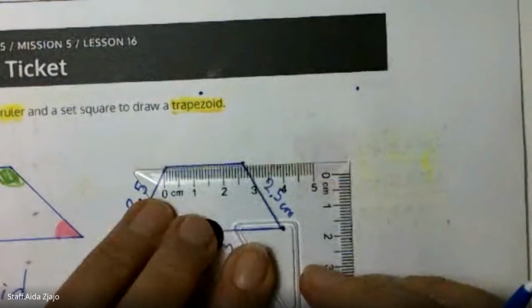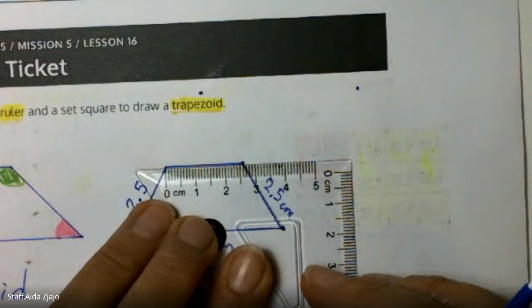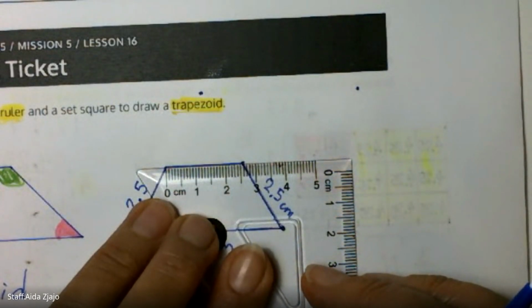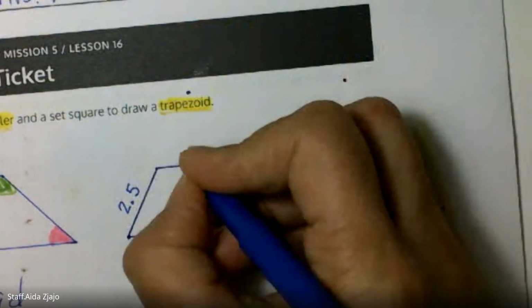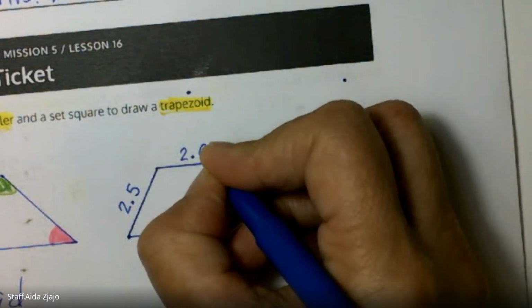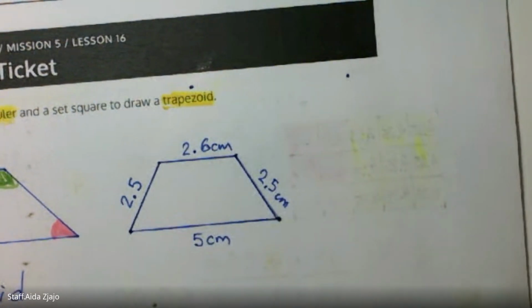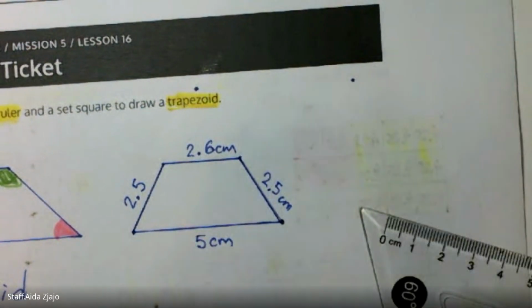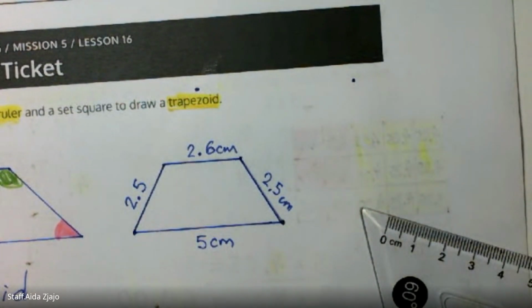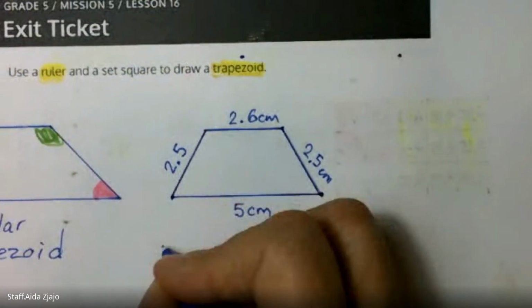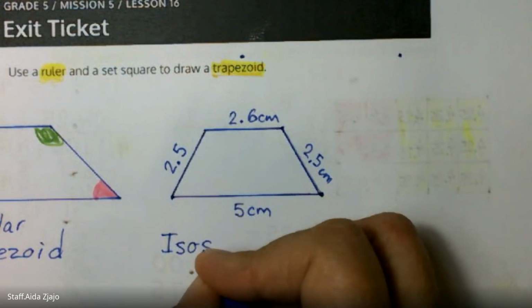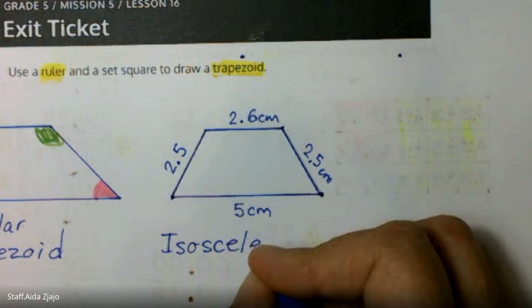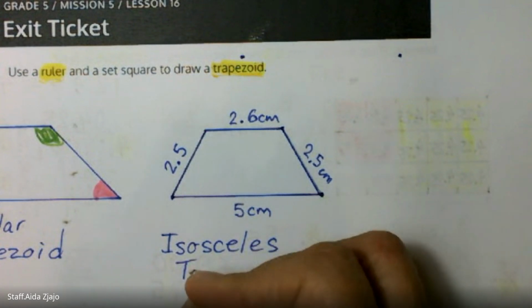And my top base is about 2.6 centimeters, right? This is how we write isosceles trapezoid.